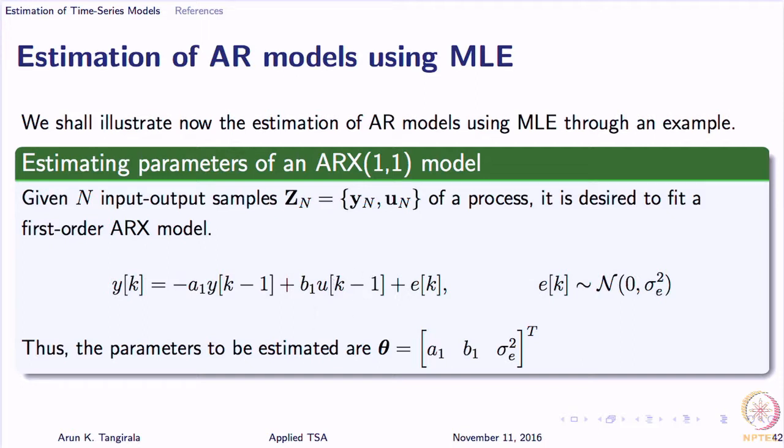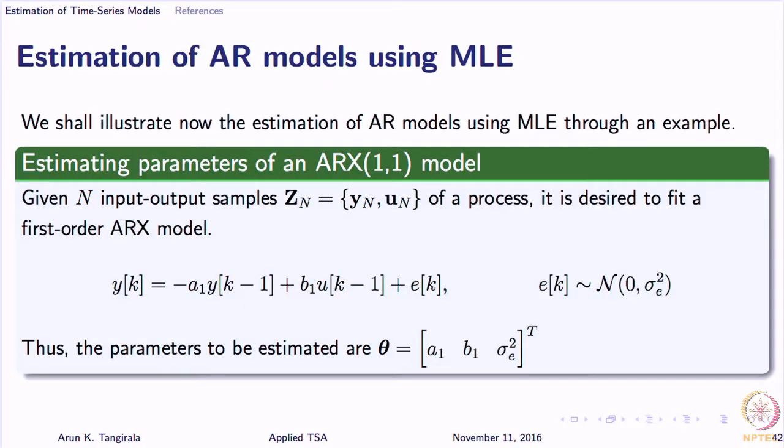This is just to give you a flavor of what happens when you have exogenous inputs, but that does not affect in any way the course of our analysis. So, here you have the effect of the additional input. For now, you think of this input as a deterministic signal that does not actually play much of a role. The only thing this term does is it changes the mean of y, that is all. The rest of the story is the same.